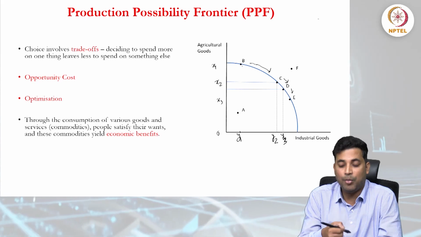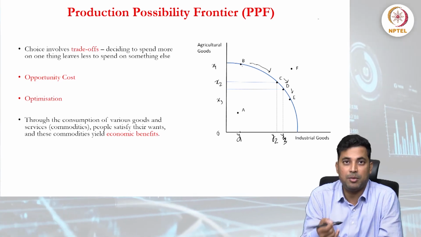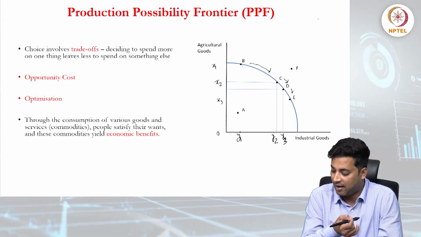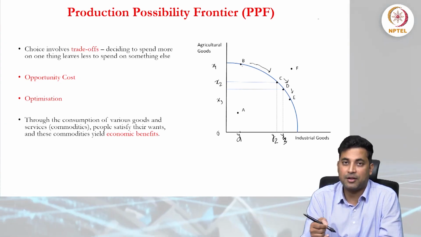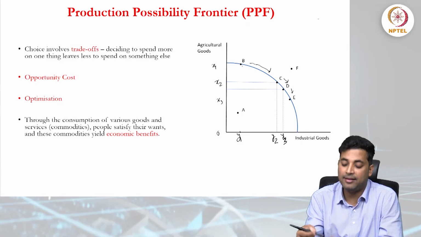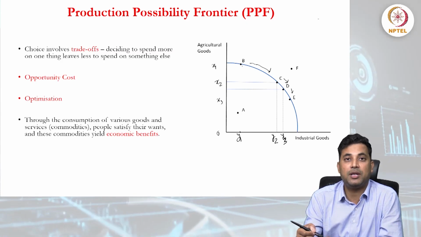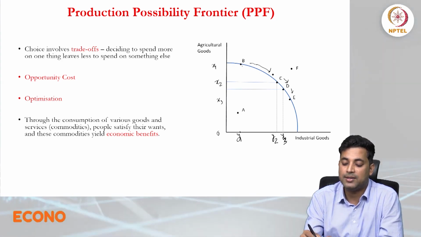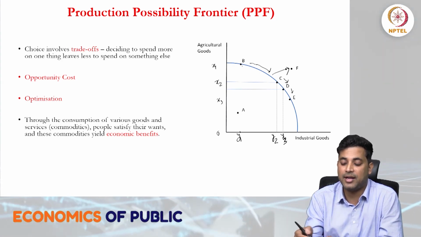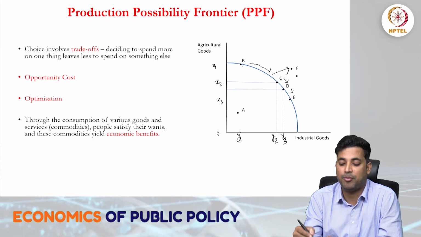More goods and services can be produced with this skill enhancement and Digital India, with fewer resources, and therefore the production possibility frontier can shift from the original position to the right-hand side, where we can achieve point F.